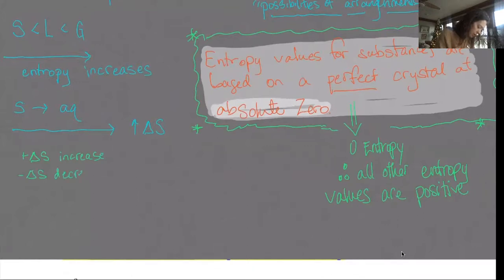Okay, that is going to be a big focus of our application of entropy, right? If entropy increases, we become more disordered. And if entropy decreases, we become less disordered, or we become more ordered.